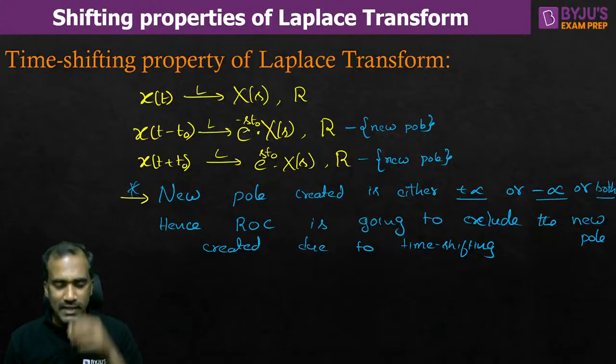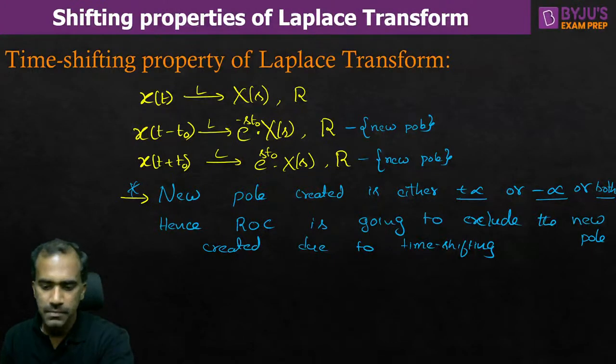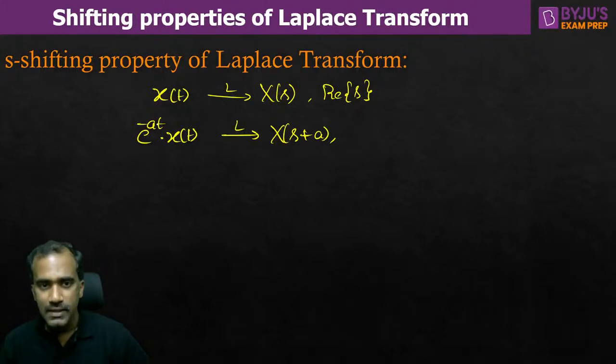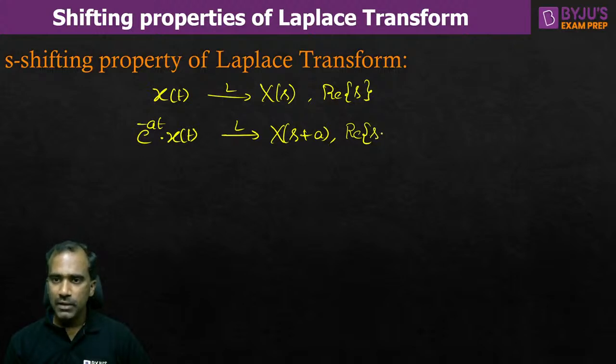Or the other way of saying is, if an exponential signal is multiplied in one domain, in the other domain shifting happens. Here the exponential signal is multiplied, so shifting is happening in the Laplace domain. When shifting happens, it happens overall, even including the ROC. So when you multiply with e power minus at, s is replaced with s plus a everywhere, even including the ROC, it is changed.